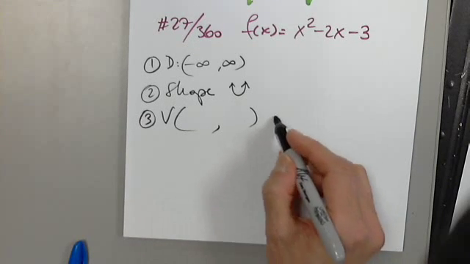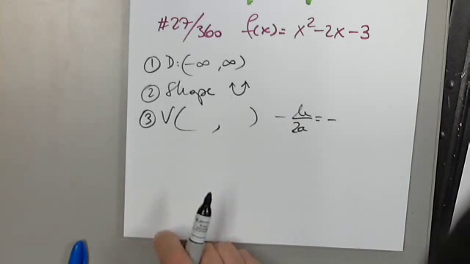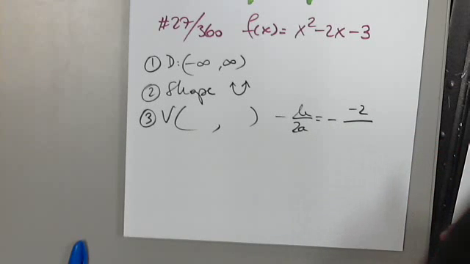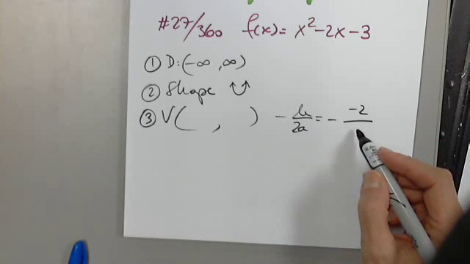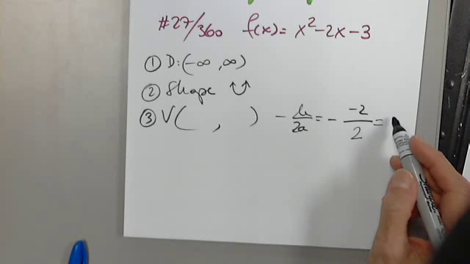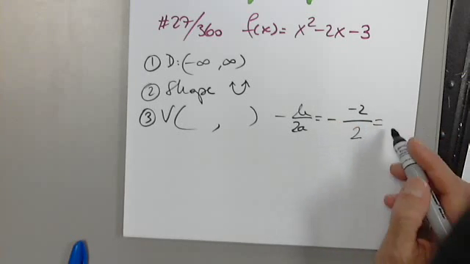Can anyone give us negative b over 2a? Negative 2 over? Very good. And the answer is? Is it like negative and negative 2? There are 2 negatives. 1.